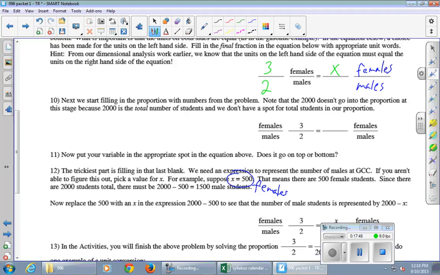How did we get from this 500 here to the 1,500 up there? Subtract 2,000 minus the 500, yeah? I think it's written there. 2,000 minus 500, that's the calculation. But then we'll just go back and say, okay, but it wasn't 500, it was more general. It was x, right? So 2,000 minus x is the thing that goes right up here.